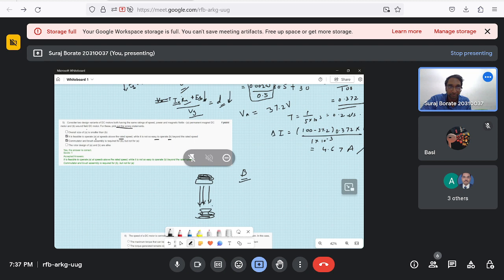The purpose of a freewheeling diode. So what is a freewheeling diode? If you have a circuit like this, there is a switch. What does the freewheeling diode do? When the switch turns off, the back EMF current can flow through this path.